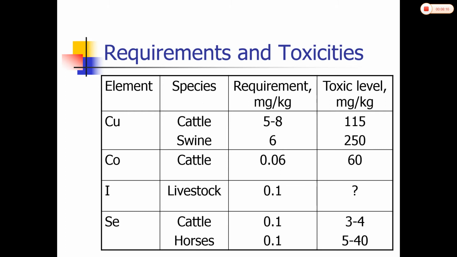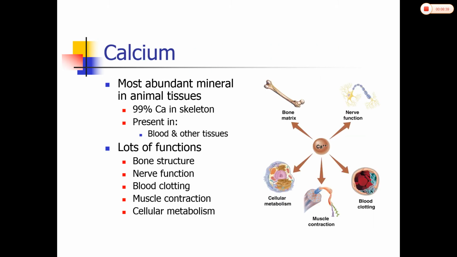It can tolerate up to 25-fold more, which is about 115 mg per kilogram body weight. Similarly, for cobalt, cattle require 0.06 mg per kilogram weight. It can tolerate up to 1,000-fold more, up to 60 mg per kilogram body weight.